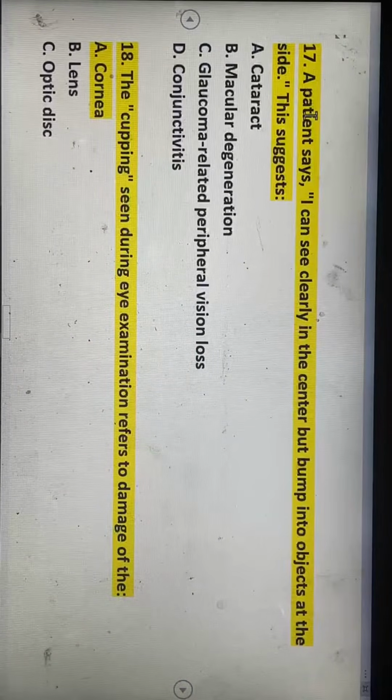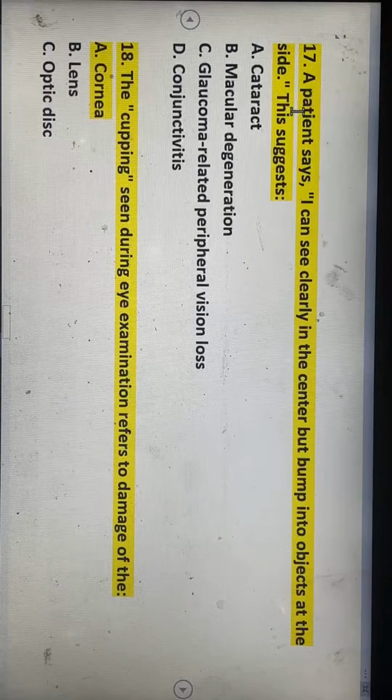17. A patient says, I can see clearly in the center, but still bumps into objects at the side. That's one of the visual tests. Now, if you've been following in this quiz, you should know the right answer.